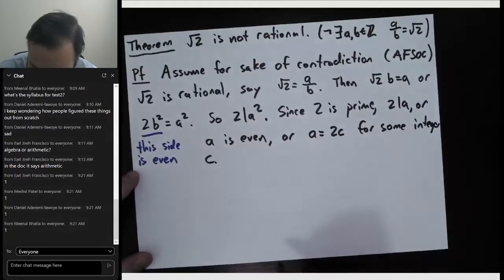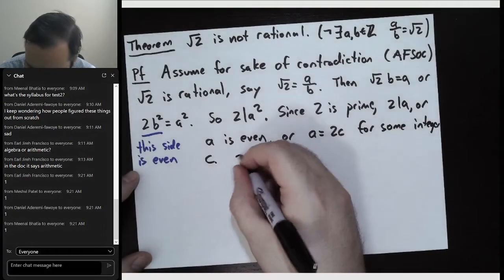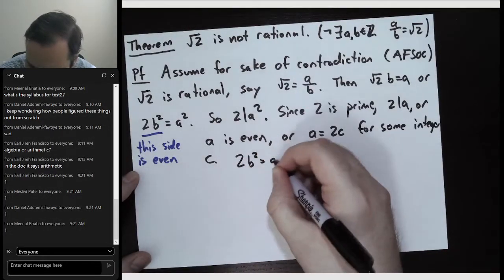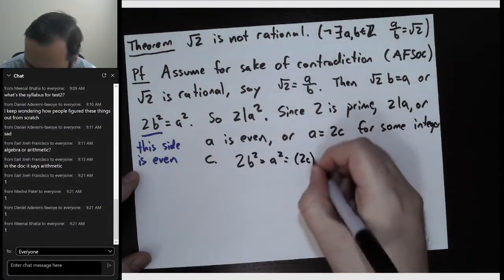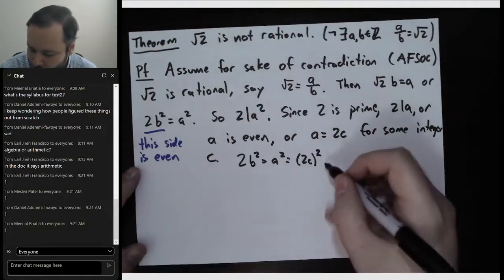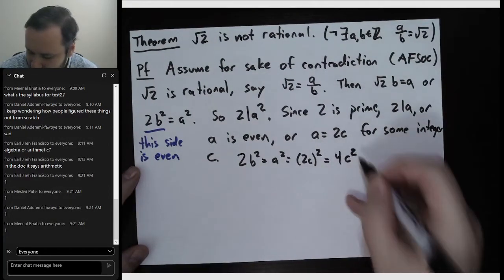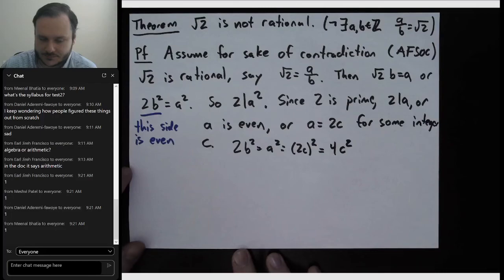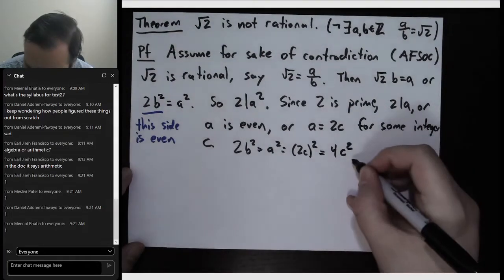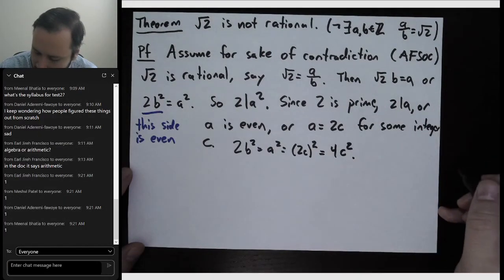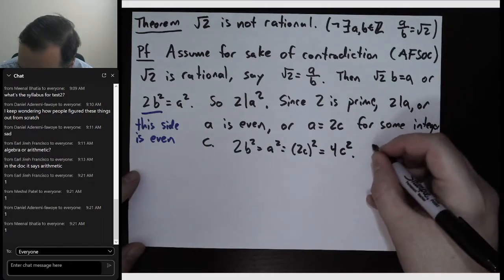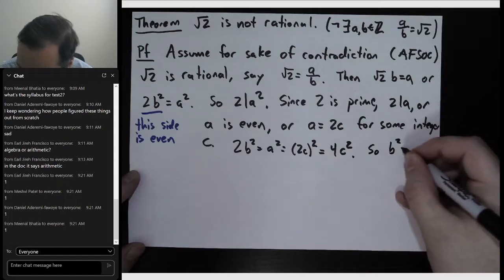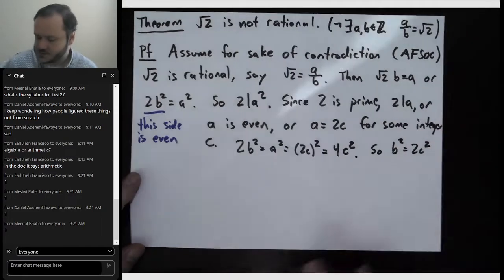Okay, so I'm going to use that information in this equation. 2b squared is equal to a squared, but a is an even number, so this is equal to 2 times c squared, or 4c squared. But then I can divide both sides by 2 and get b squared is equal to 2 times c squared.